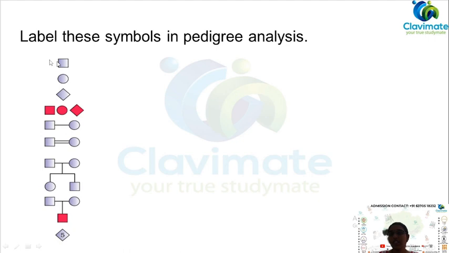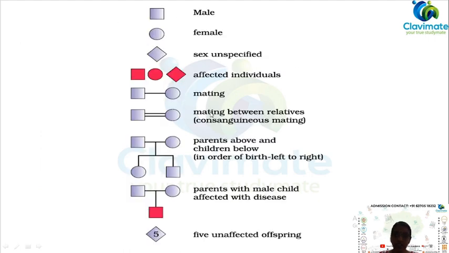The last question of these is from pedigree analysis. You have to label these symbols. A square symbol is male, a circle symbol is female, and if it's a diamond symbol, you do not know whether it's male or female. If it's shaded, the male or female is an affected individual.